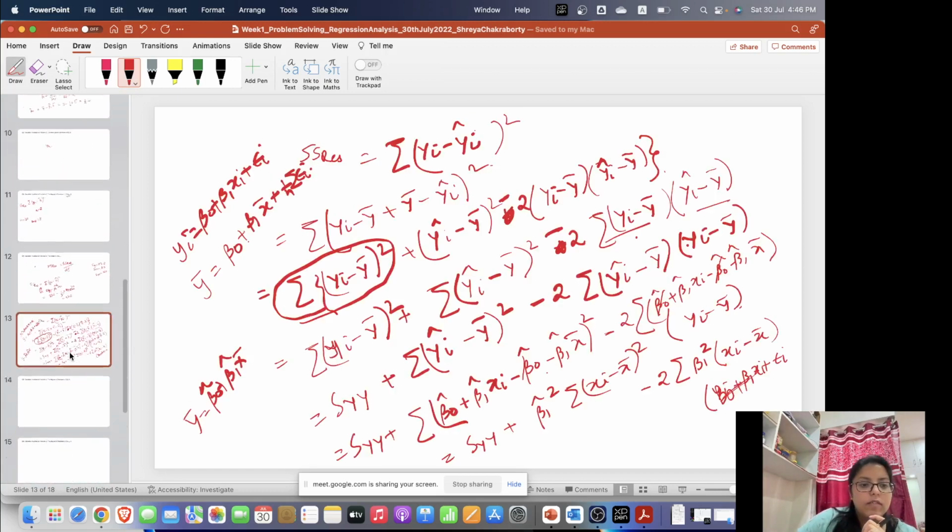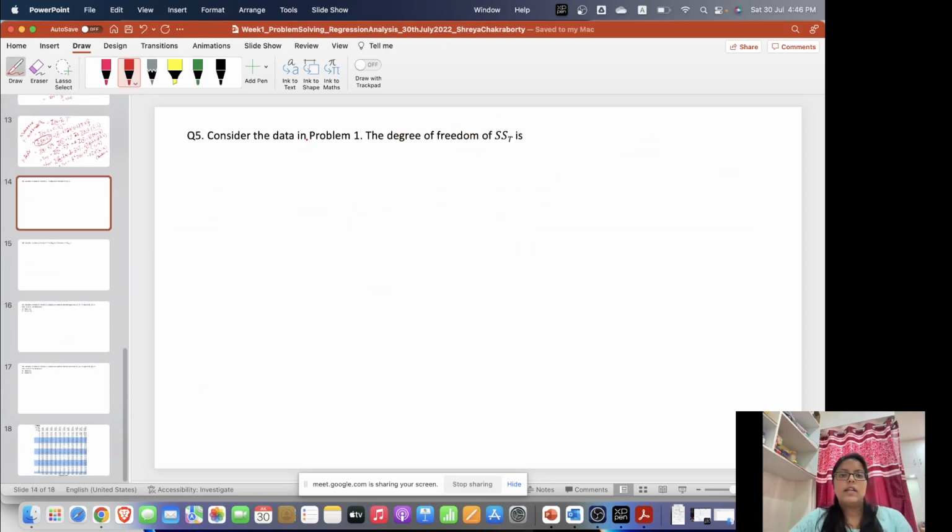Then we have this, the degrees of freedom of SST. So SST is yi minus y bar whole square.